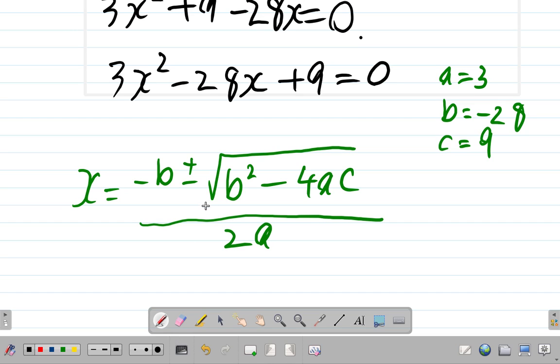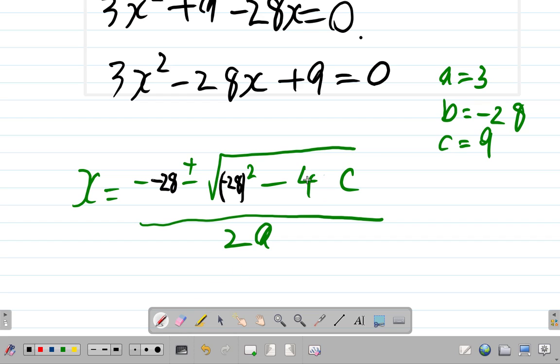Now, here, what was b again? B is negative 28. So here, what you do, you say minus b, so it's minus negative 28 plus or minus the square root of b squared. B is negative 28, so this is negative 28 squared, minus 4 times a times c.